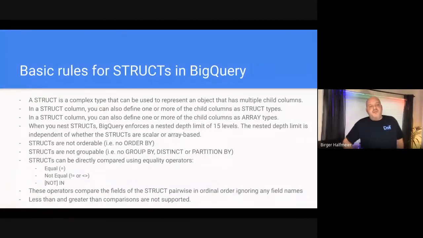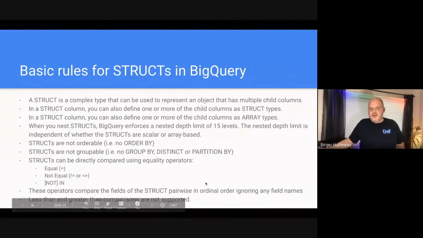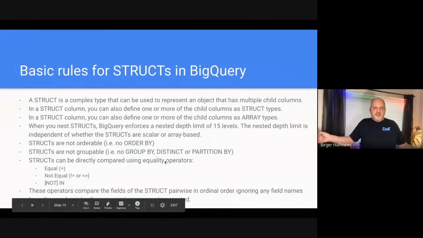It is important to know that structs are not orderable. Obviously, there's an order within the struct, but you can't write a query and then order by your struct column. And you can't group by it or do a distinct or partition by. There's limited equality, so you could potentially use it in the where clause or do a join.